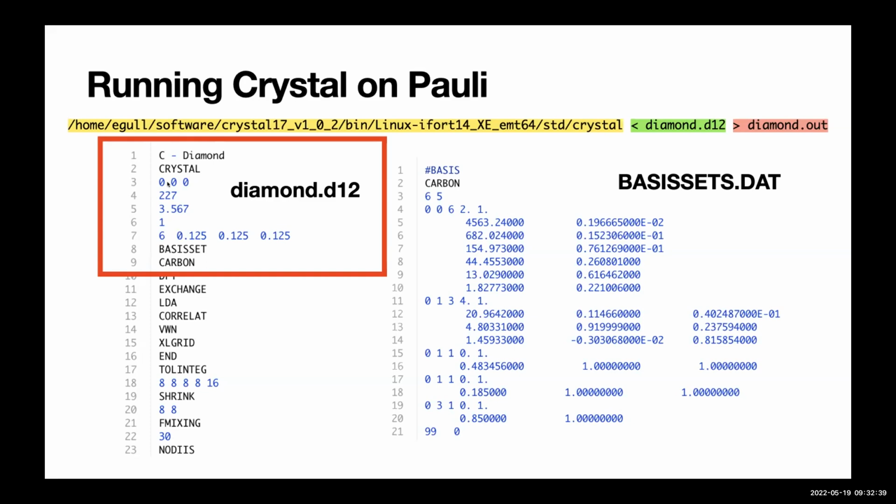For hexagonal, you only input the lattice constants A, B, and C. Since for diamond we have A equals B equals C, in line 5 I put 3.567 as the lattice constant. I don't have to repeatedly input the same value. You only have to input one if they are all equal.